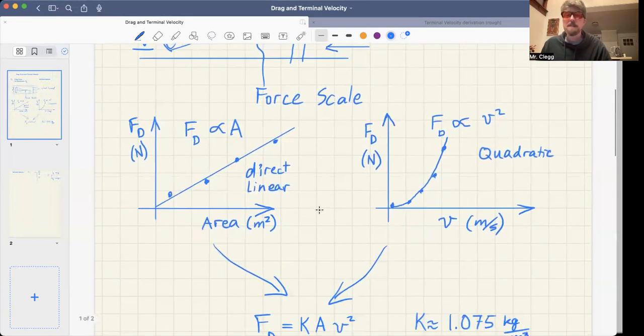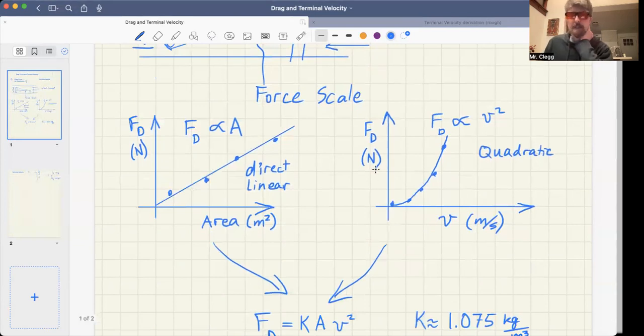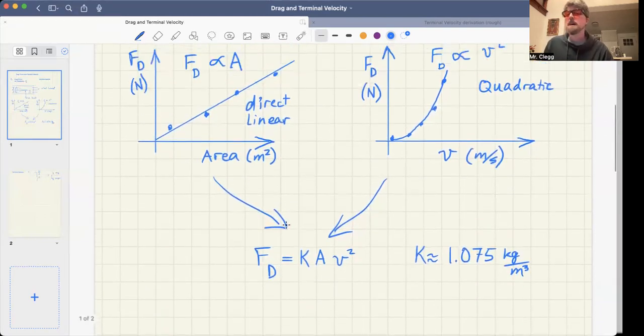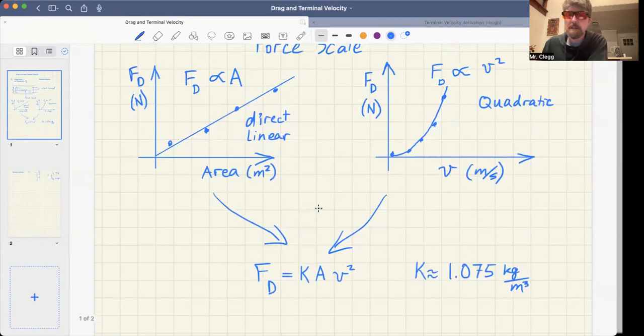One of the cool things is when you have two different relationships, just like in Newton's second law, we had the acceleration versus net force, and it made a line. We had the acceleration versus mass, and it made a curve like that. And we put those two things together into one thing, Newton's second law. Well, here's the way they could put these two things into just one thing. We have the drag force, proportional to the area, and then the speed squared.